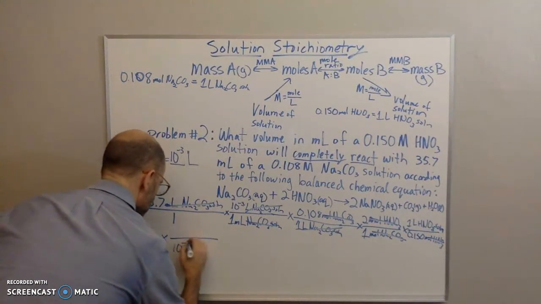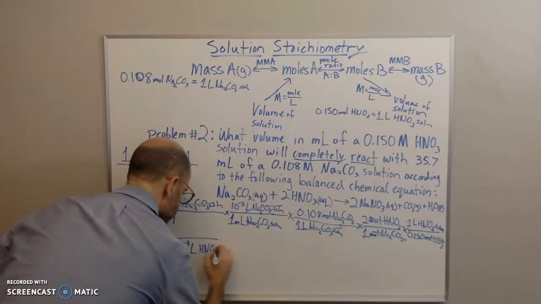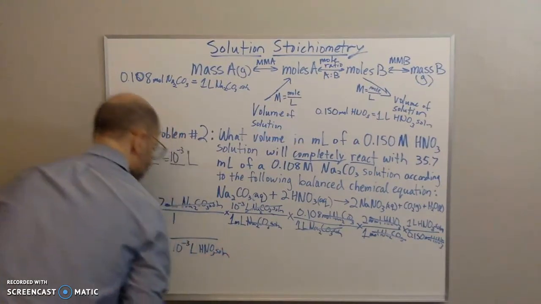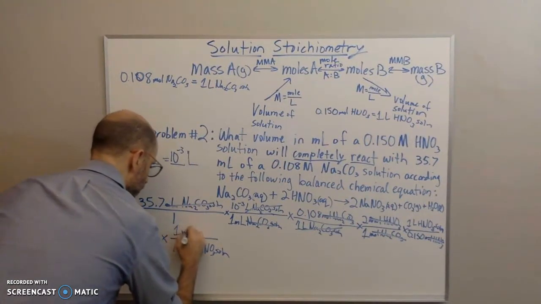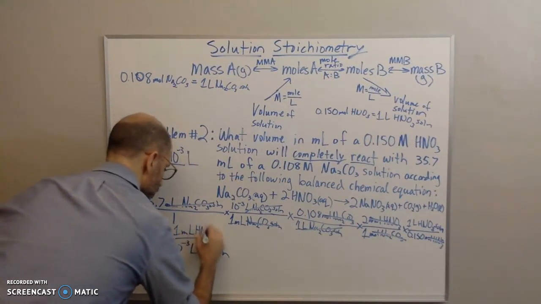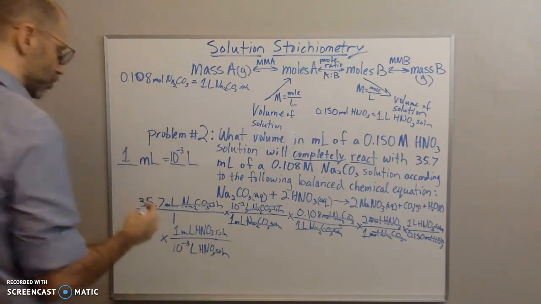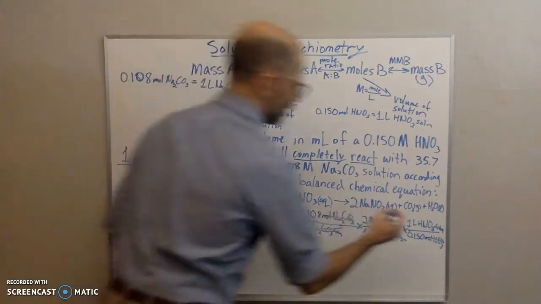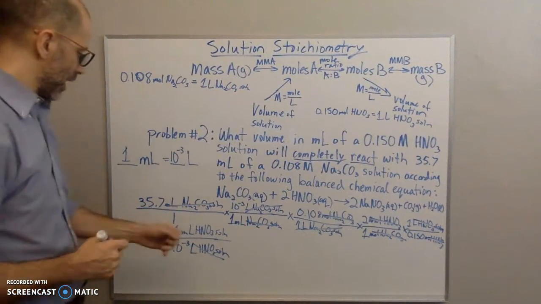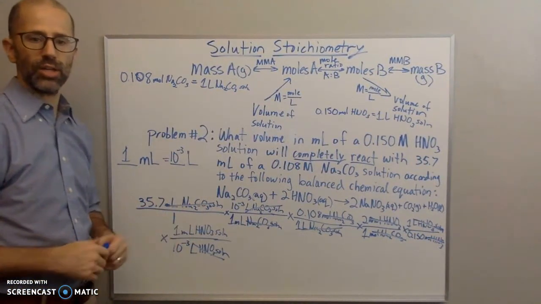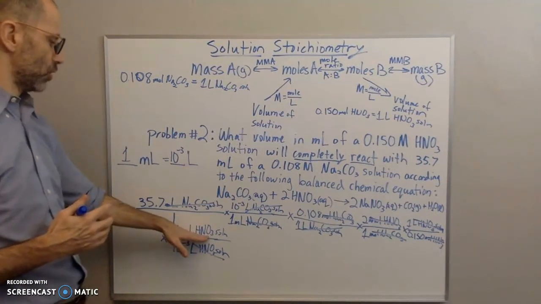So 10 to the negative 3 liters of HNO3 solution, and I'm going to have 1 milliliter of HNO3 solution on top. So liters of HNO3 solution cancel out. Now I have milliliters of HNO3 solution. I am finally done with the conversions.